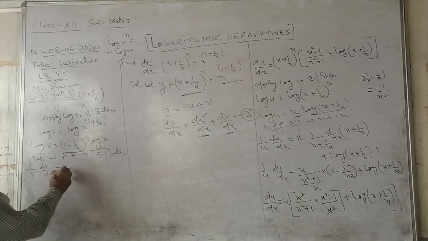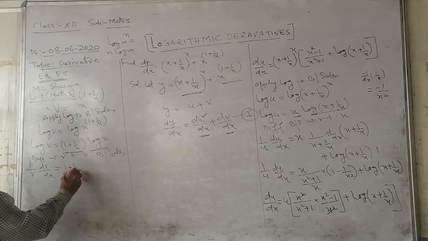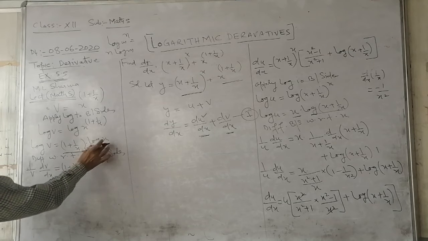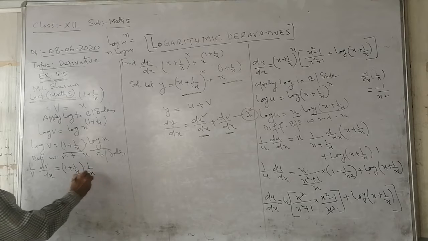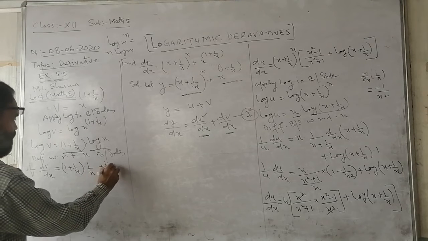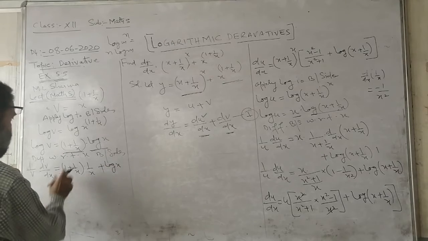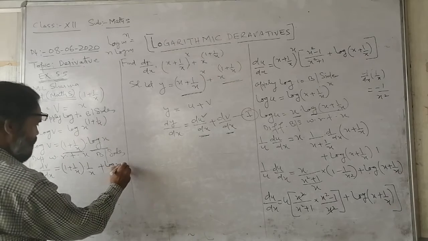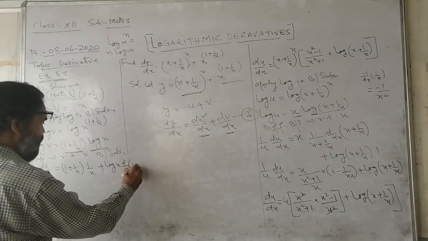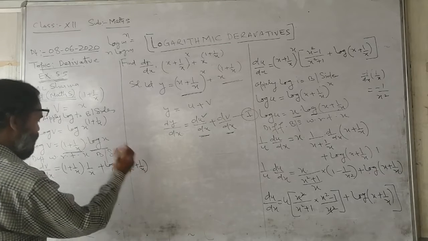First function into derivative of second. So the derivative of second is 1 upon x plus second function into derivative of first, that is d upon dx of 1 plus 1 upon x.